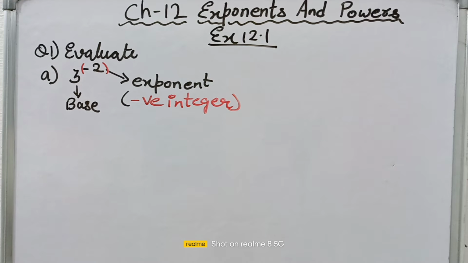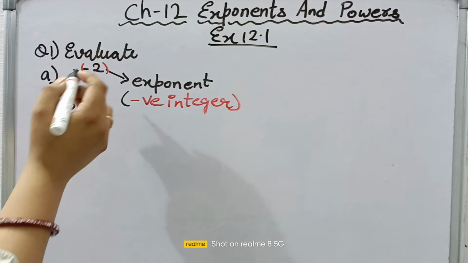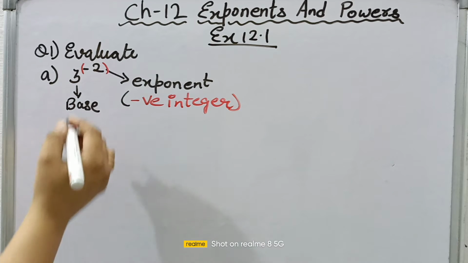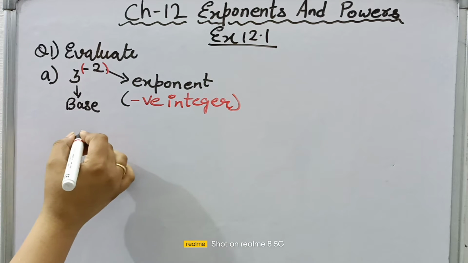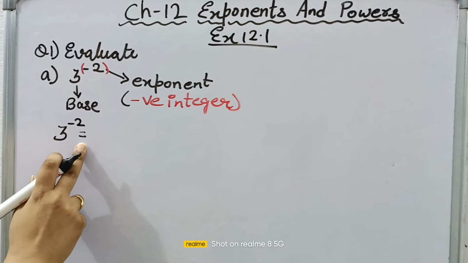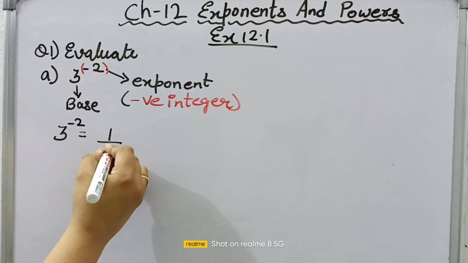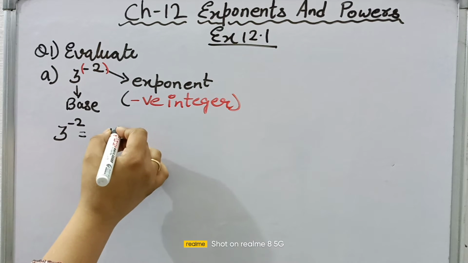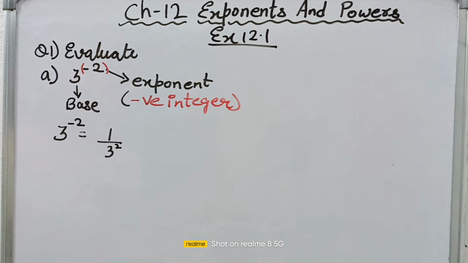So we understood whenever we have a negative integer, then how we can write this: 3 raised to the power minus 2 can be written as 1 upon 3 to the power 2.